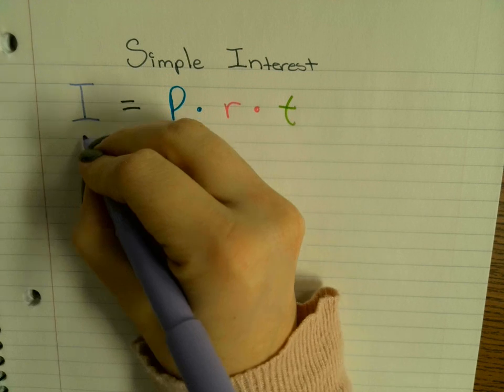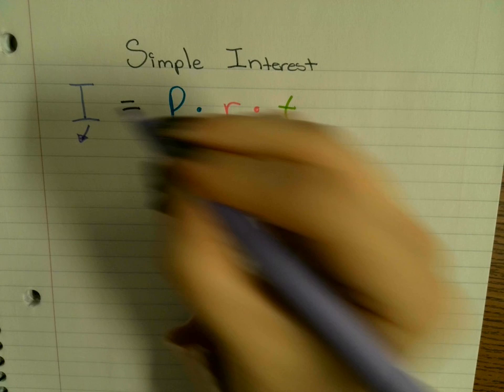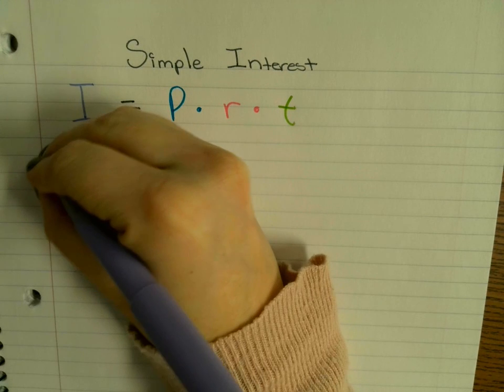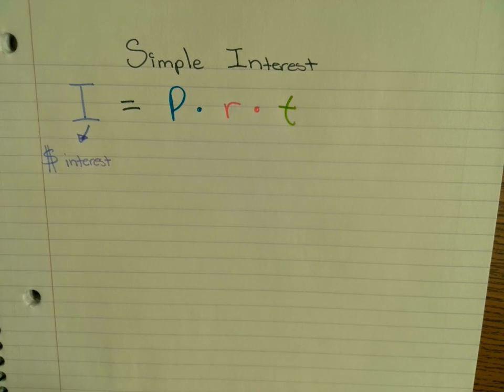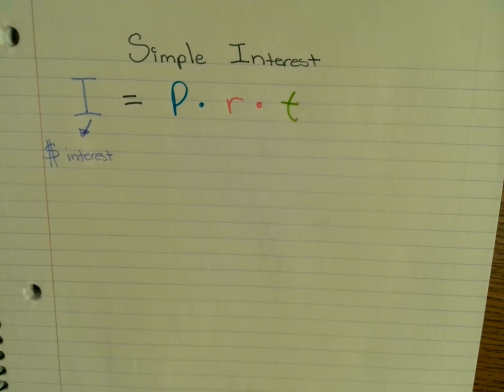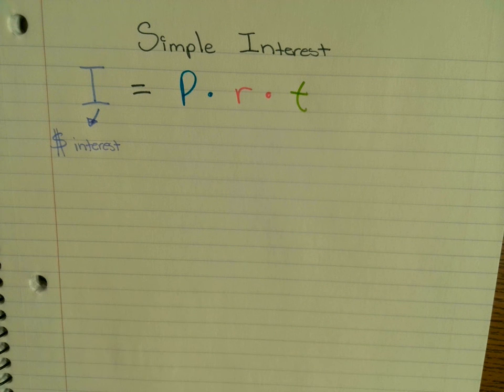Here the I represents the money amount of interest that you would earn, or the money amount of interest that you would have to pay.